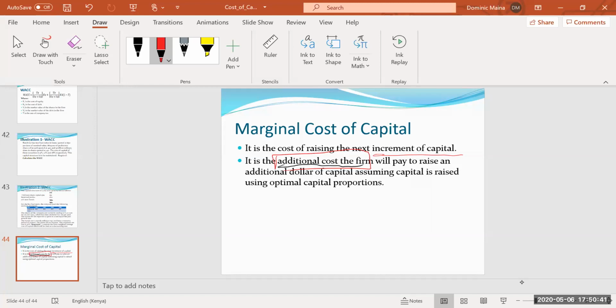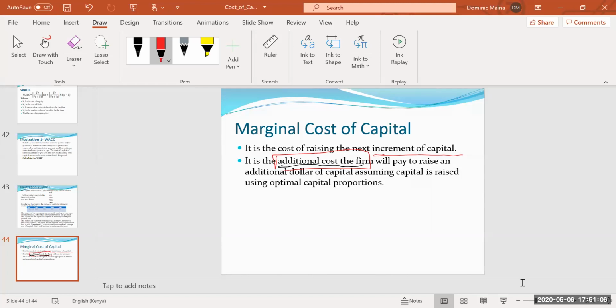We need to check at your exam. Once in a while, the exam asks you to get the company's marginal cost of capital. So if we refer to your question bank, let's check for a question where your examiner is asking you to get the cost of capital.